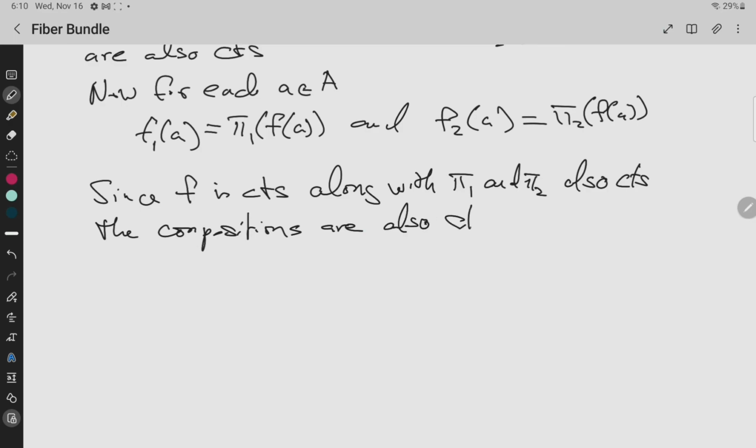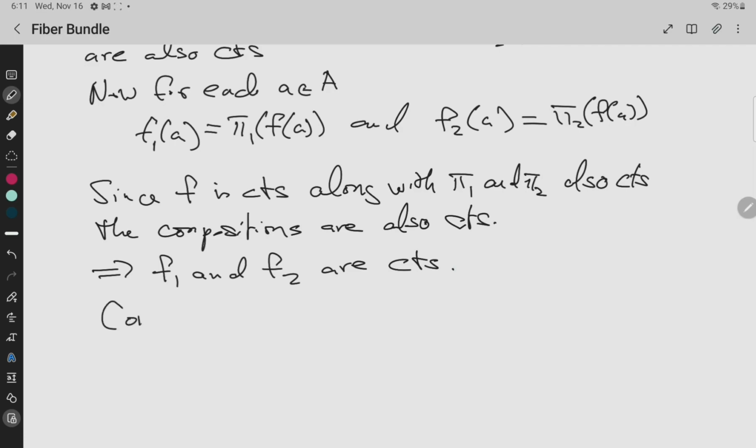This theorem is very important for us to prove the induced coordinates on the tangent bundles. That's what we will ultimately get to, but we need this first. Now we just proved that f1 and f2 are continuous.